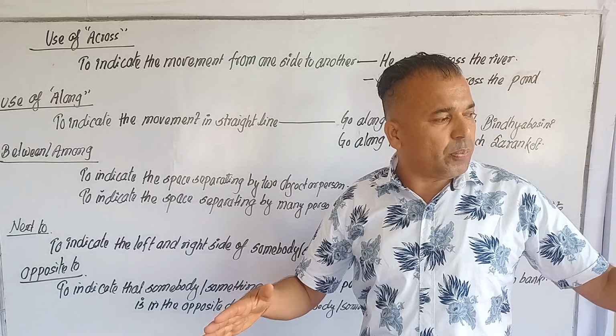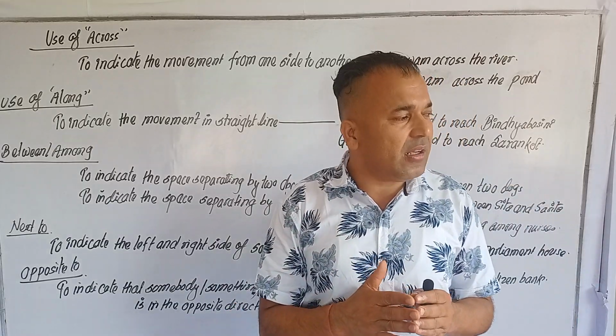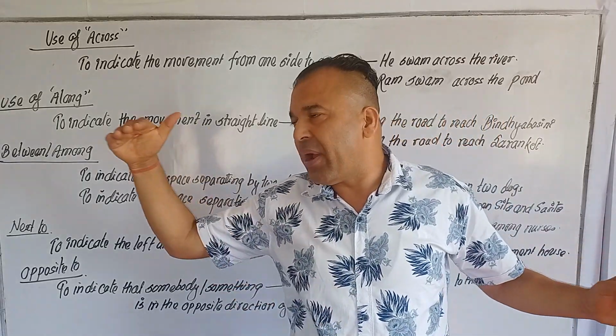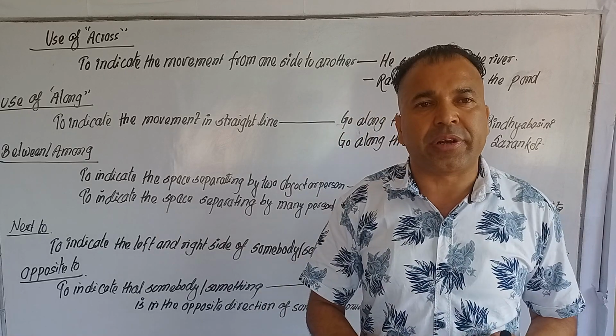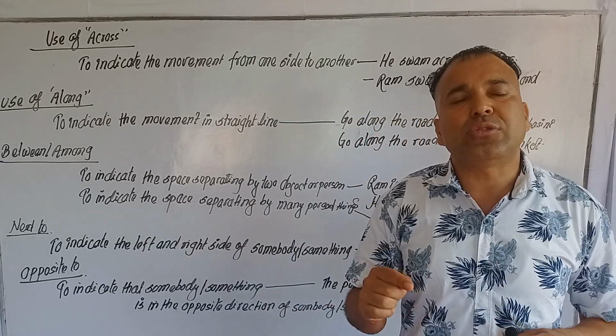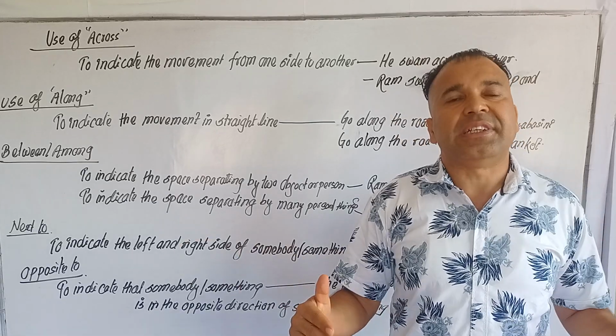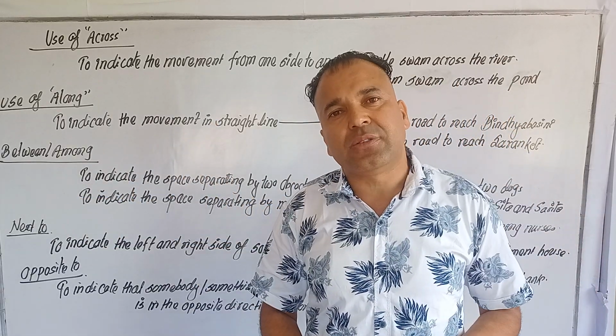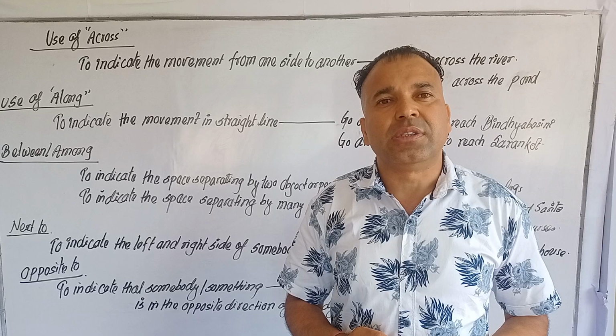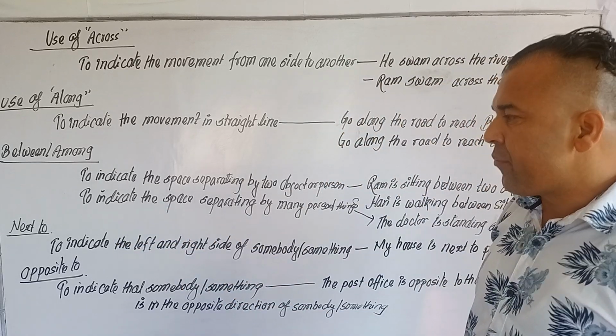Left or right. Suppose I am standing here, my left side and my right side. Always remember, my house is next to the Parliament House. When it is located on the left or right, we have to use next to.